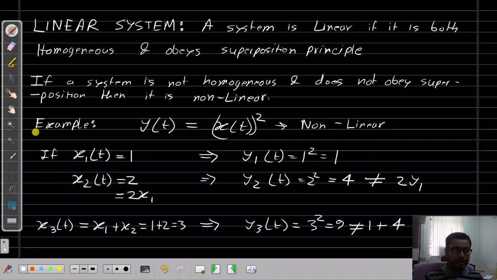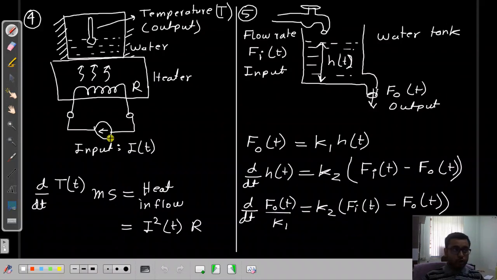So therefore this is an example of a nonlinear system. We have previously seen such an example. Consider this water heater where the current to the heater is the input and the heat generated depends on I squared R, and temperature change also depends on the heat, which is proportional to I squared. Therefore this was a non-linear system.